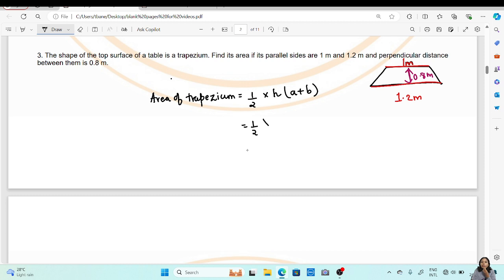So half into height we have 0.8, and a plus b is what? 1 plus 1.2. So this will give 2.2.